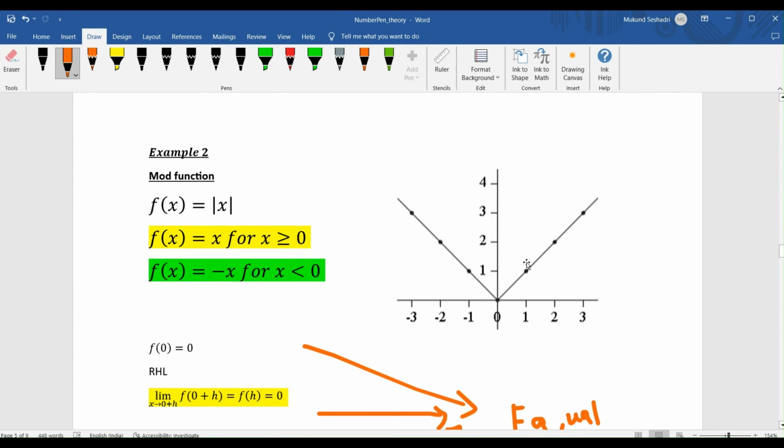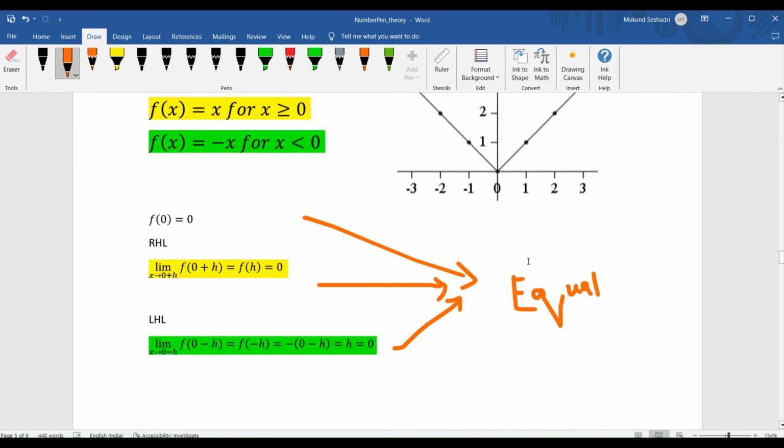Similarly, I come to f of x equals mod x, which is another interesting function. Here again, the function is continuous. It is continuous for all values x greater than or equal to 0, and it is continuous for all values x lesser than 0, right?